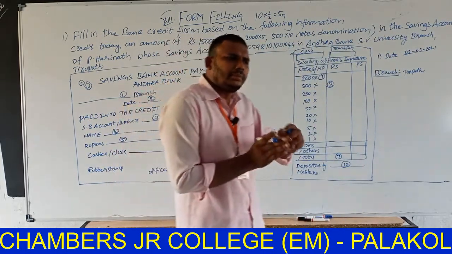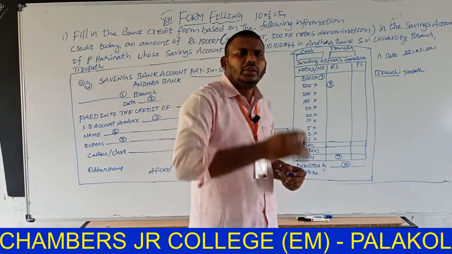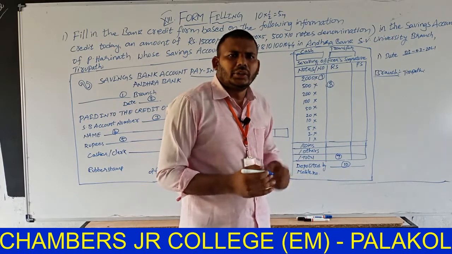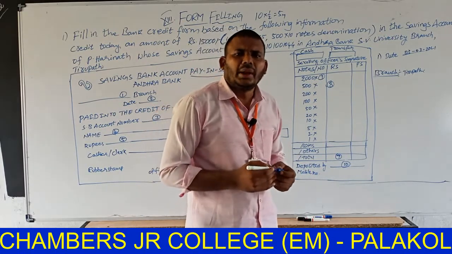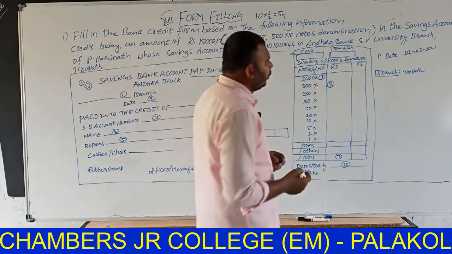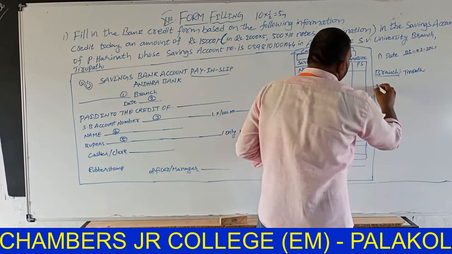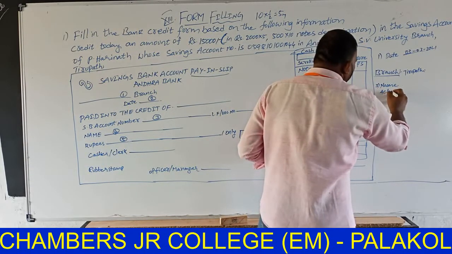Or sometimes the same bank branch is located in two different areas. Then in that case, you need to write the area. Of course, the address of the branch is given. We just check. Okay.